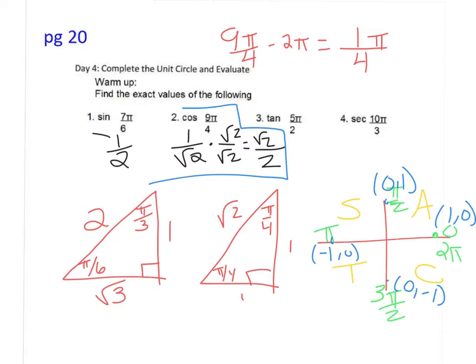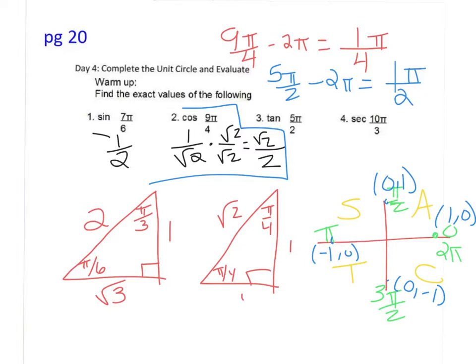So to figure out where 5 pi over 2 is, again, that's more than one rotation. I'm going to do 5 pi over 2 minus 2 pi to find the coterminal angle. So in your calculator, you wouldn't type the pi's, you would do 5 over 2 minus 2, and you would be left with 1 pi over 2. So that is up here.